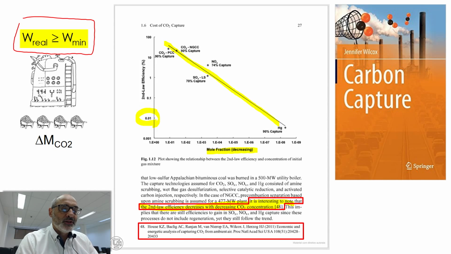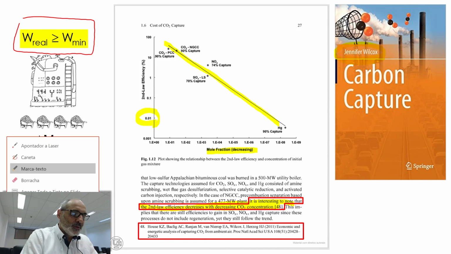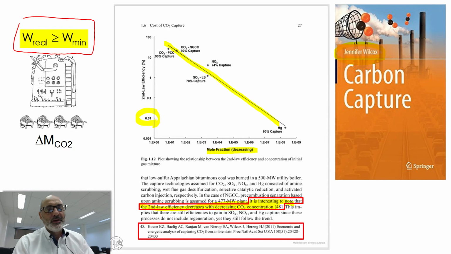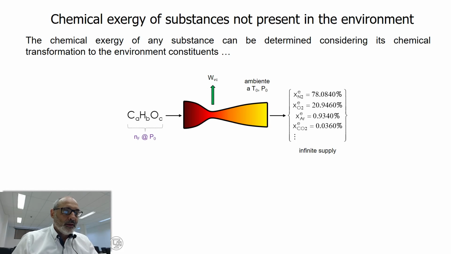Just a pointer here: all these calculations, and a very interesting book on this subject, is this one. If you are particularly interested in this subject, I really recommend this book. It's very interesting.